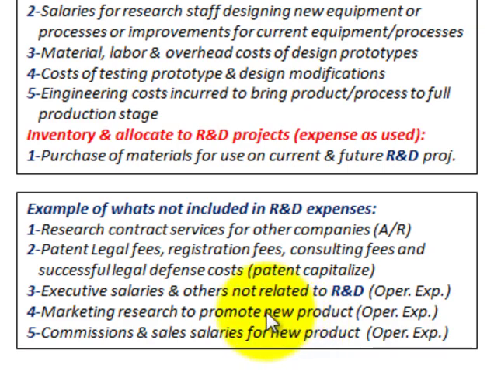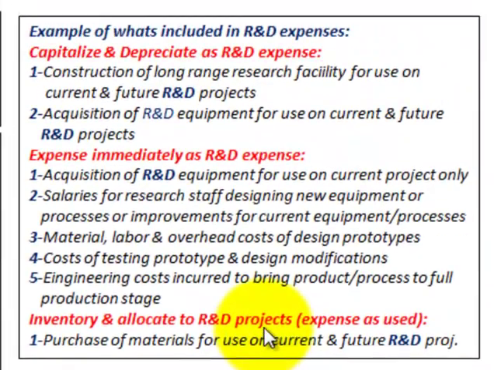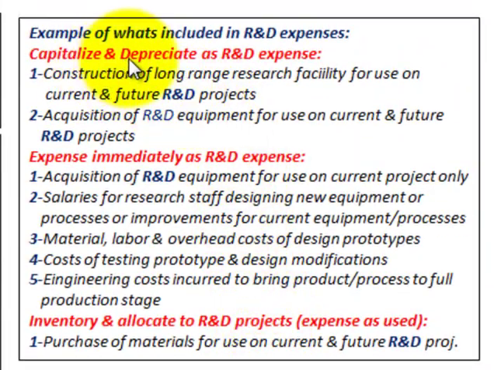So we've just gone through some basic examples, going back again. What would be included in R&D expenses? You can look through them again, where you capitalize and depreciate as an R&D expense, and then items that we'd expense out immediately as R&D expenses.